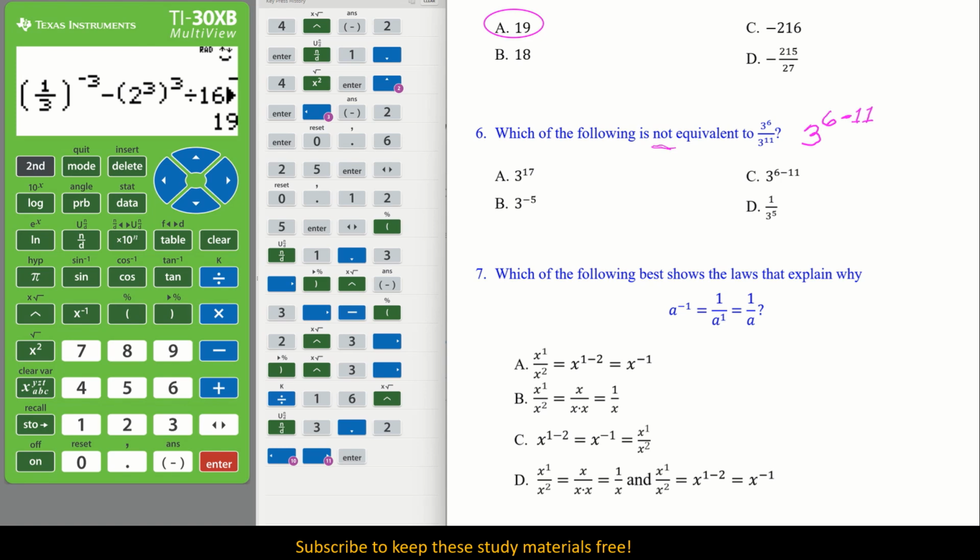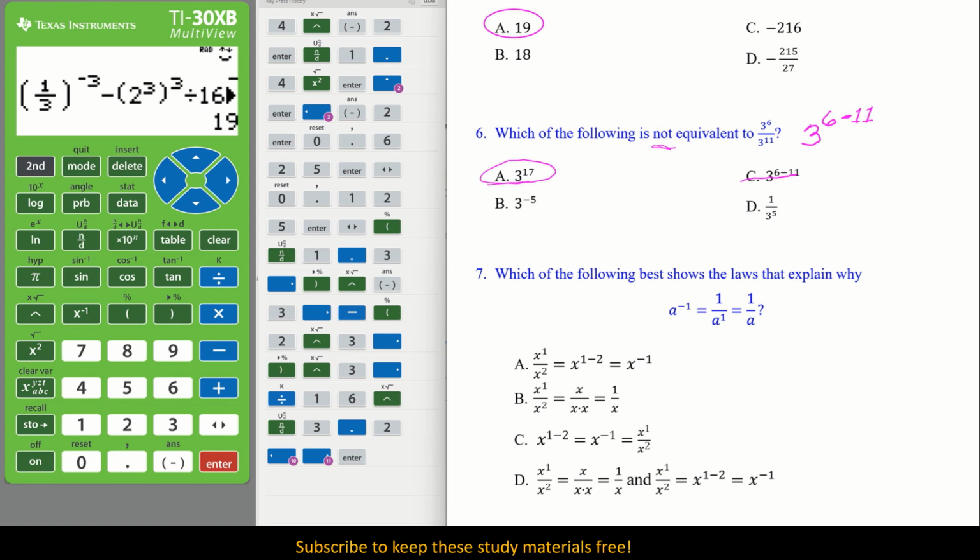Well, if we look at that, that's exactly C below it. And since that's equivalent, we can't select it. Now let's go back over to A. Well, looks to me like A is using the wrong law. Instead of subtracting, it's adding. So I'm going to say I like A. So let's choose it for now.